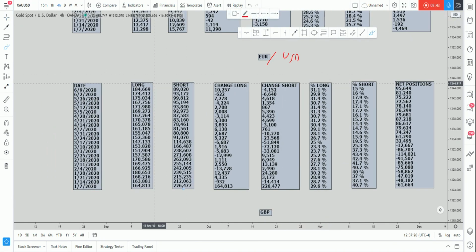And what we can see is that net positions increased a lot from minus 114k all the way up to plus 95k, meaning that we went from having way more shorts than longs to having way more longs than shorts on Euro USD from an institutional perspective. And only with the last report, we can see that they added another 10.2k longs.